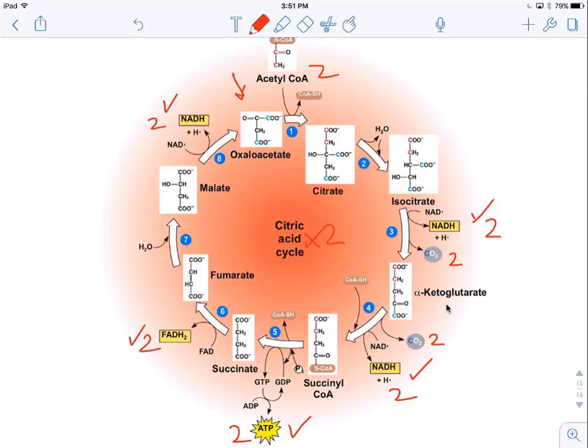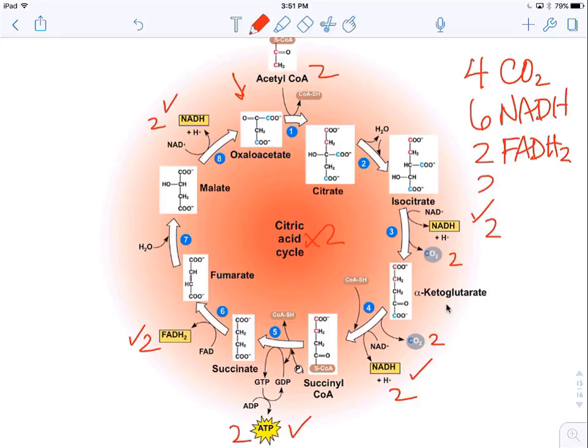So for our grand total from the citric acid cycle, we've got, not 2, 4 molecules of carbon dioxide, okay, 6 NADH, and 2 FADH2, and 2 ATP, okay.